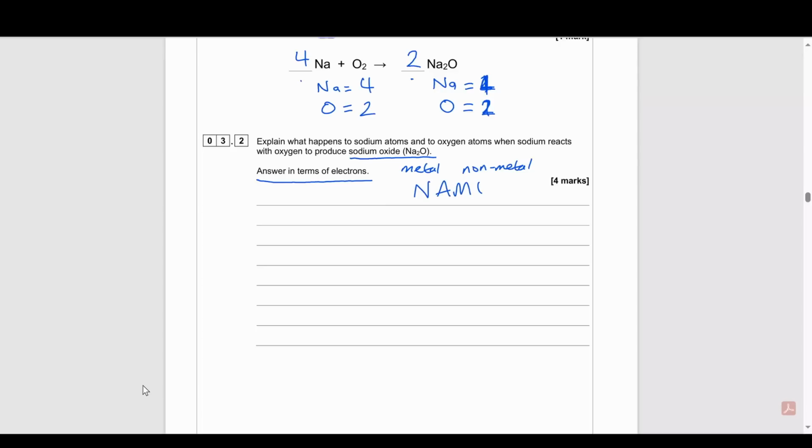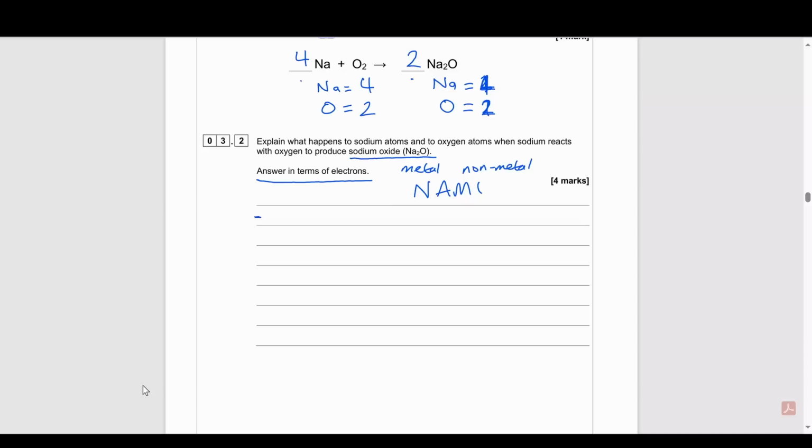So, we then have to realize that if it's ionic bonding, it means that one atom is losing electrons to become an ion, a positive ion really, and one atom is gaining electrons to become a negative ion, and then there's an electrostatic force of attraction between them. So, what's the rule then? Metals always form positive ions, so that means that they are losing the electrons. So, the first thing that we would need to say then is sodium is losing electrons.